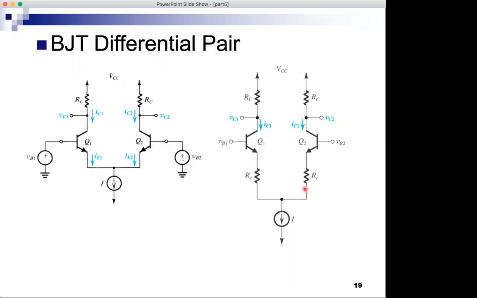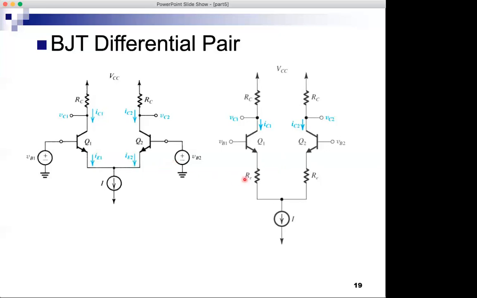One is to increase the input resistance, and the other is to increase the linearity in the circuit. The bipolar transistors are exponential devices, and therefore any small signal, anything that's more than a few millivolts, will get distorted. By adding this resistor, then we can have larger inputs that do not result in a distorted output.